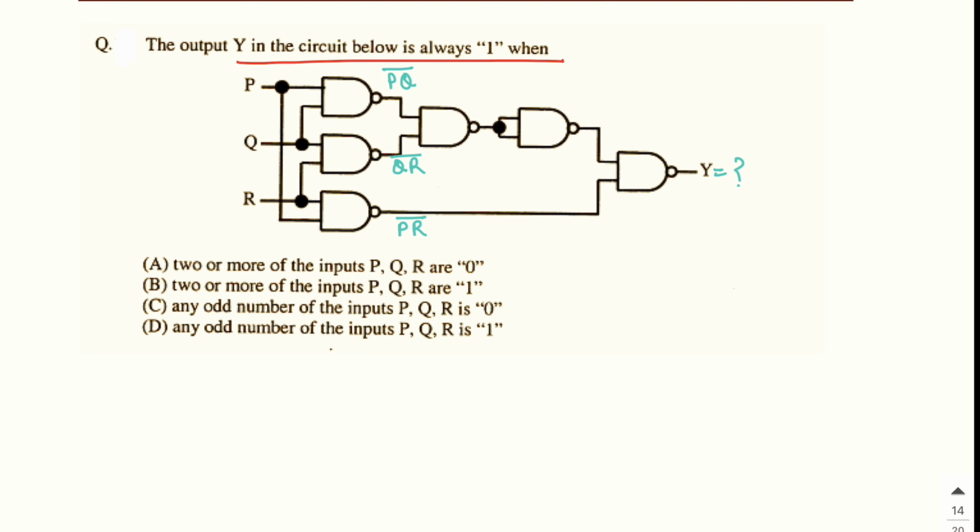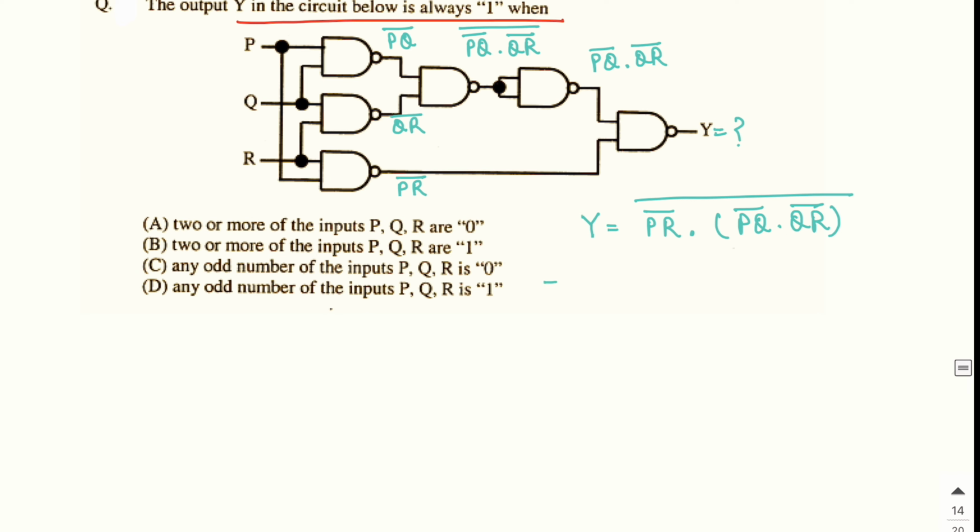Now this becomes (PQ bar dot QR bar) whole bar, and again it is passed through a NAND gate. So you will just have the complement removed from here because it will become a double complement, so it will become the element itself, and hence we can say that Y is equal to PR bar dot (PQ bar dot QR bar) whole bar. Now we just need to solve this out.